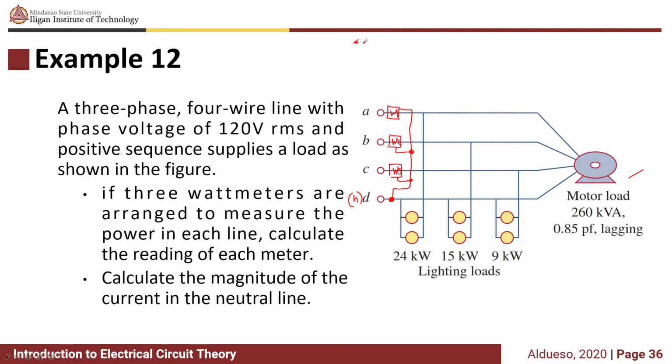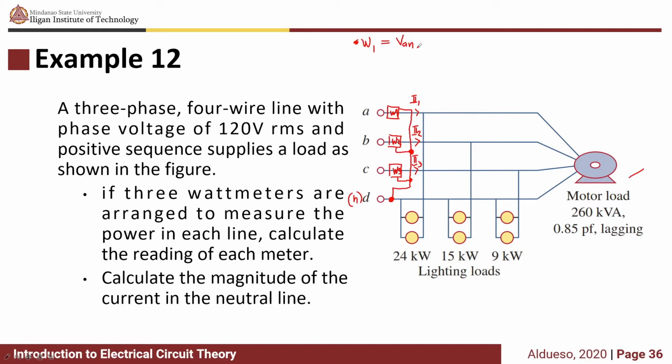For wattmeter 1, the measured voltage is VAN, and then we have the current. So let's label the currents flowing through here. Let's label this as I1, we have I2, then we have I3.